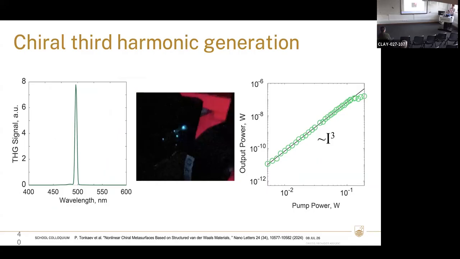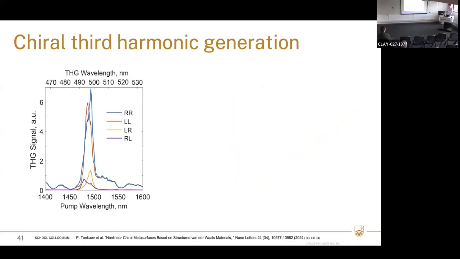It is visible in a dark room, and we measure power differences, which confirm third-order nonlinearity. Then we integrate this signal for different pump wavelengths and observe the enhancement of the harmonic around the resonances, which is expected due to the significant localization of the electric field.